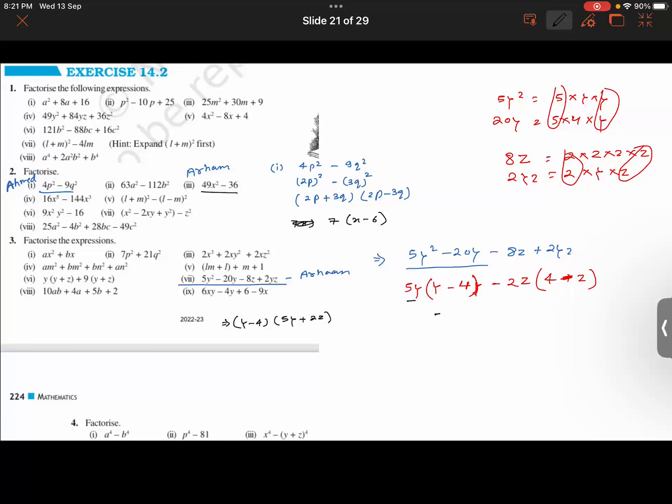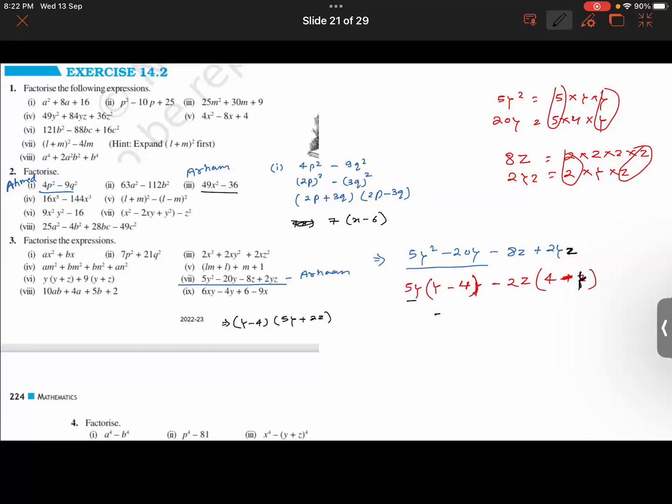So we took 5y common, y minus 4, then minus 2z into 4 minus z. Actually, the problem here is that we have taken 2z common, but we have to leave y here, not z.